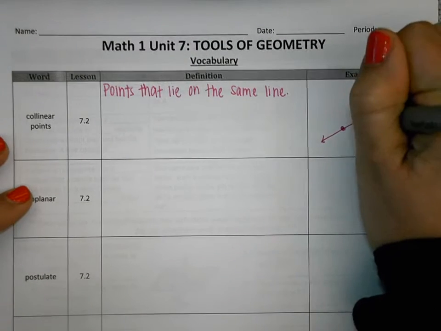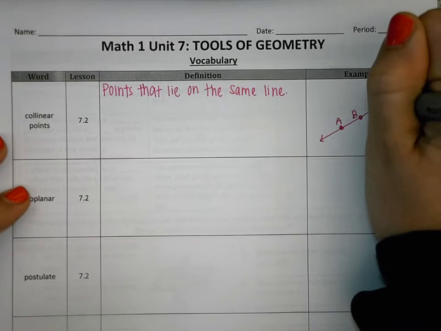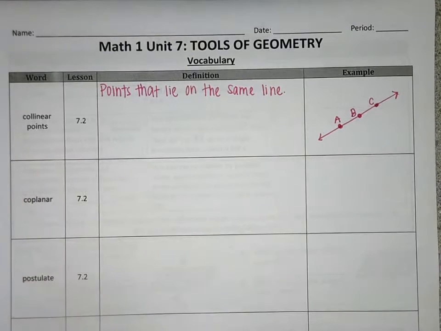And I have 3 points on the line, A, B, and C. We would say that A, B, and C are collinear points, meaning they lie on the same line. Okay? Which should just make sense in general.